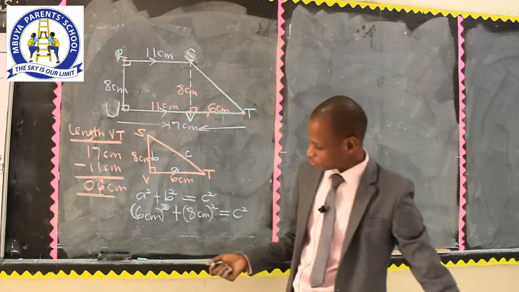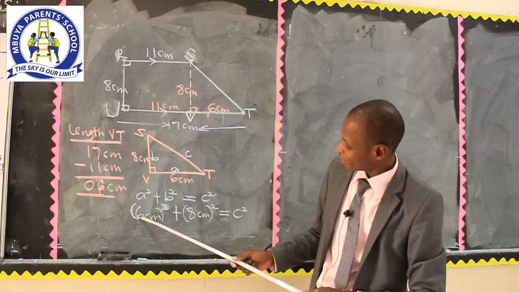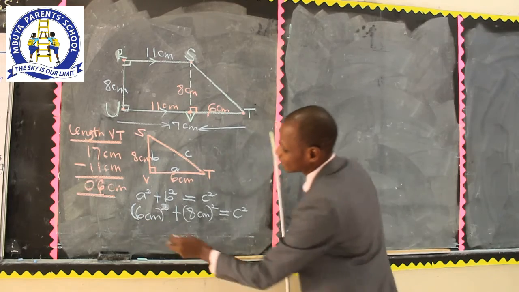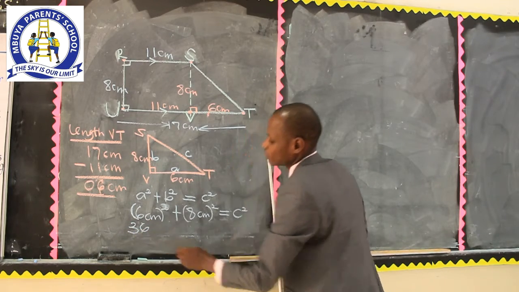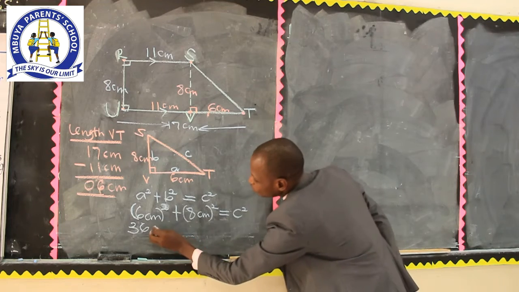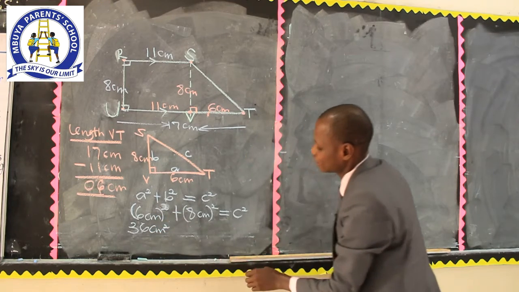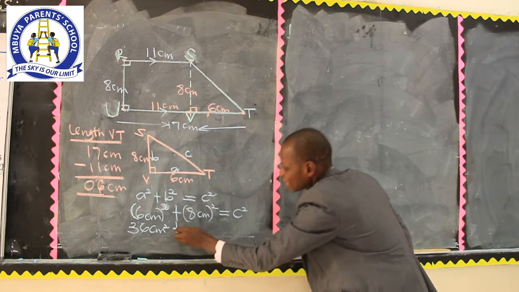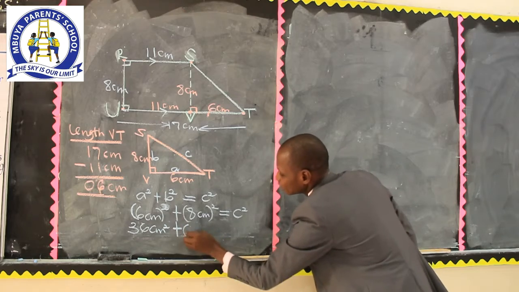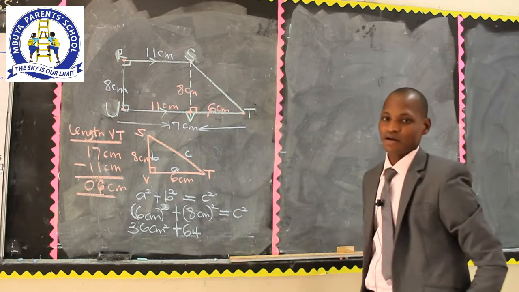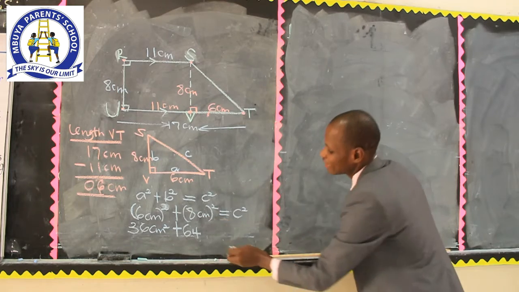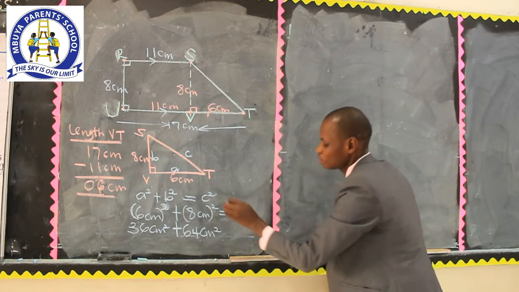Here we are going to square the 6, including the units. So when we square 6, we shall get 36. Then when we square the centimeters, that will be square centimeters. We shall add the square of 8, which is 64, and we shall also have square centimeters.